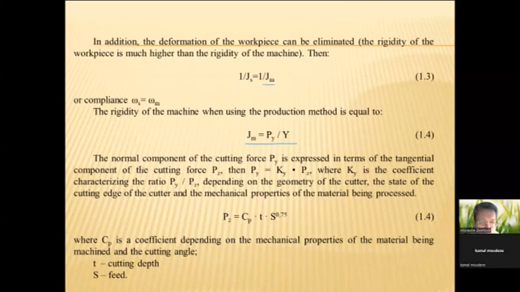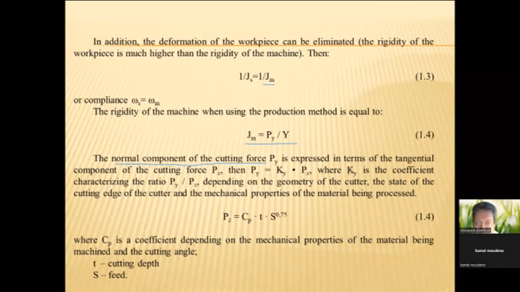The normal component of the cutting force, P suffix Y in this formula, is expressed in terms of the tangential component of the cutting force P suffix Z. Then P suffix Y is equal Ky multiplied by Pz.